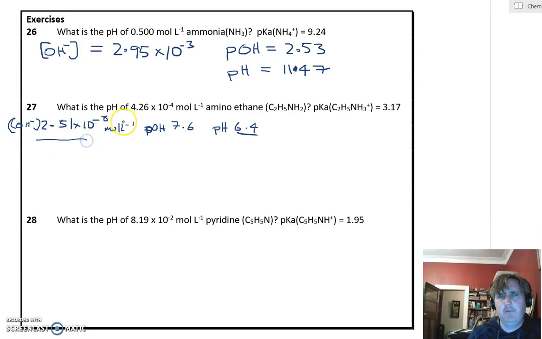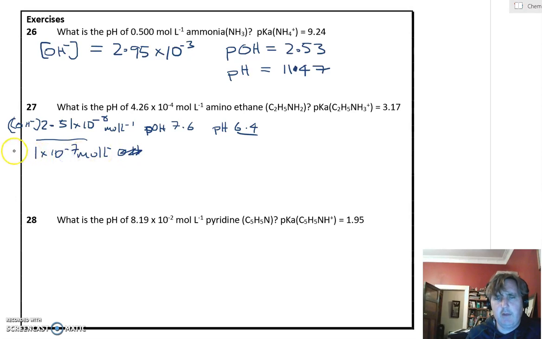You remember we said before that when the weak base reacts with water, it breaks equally into the conjugate acid and OH minus. Well, in this case, that is true, and this is how much of the OH minus is produced from that. But we can also assume that we had in the solution 1 times 10 to the negative 7 moles per litre of OH minus for a start.